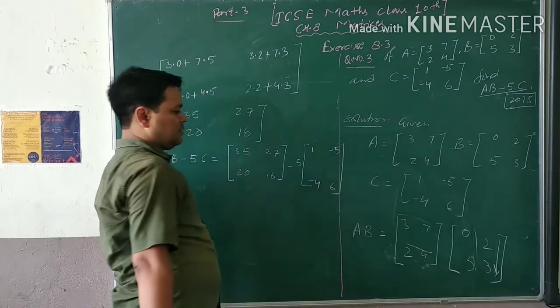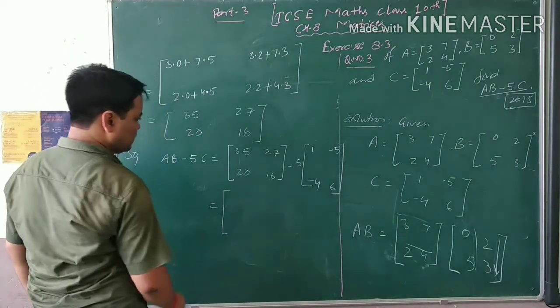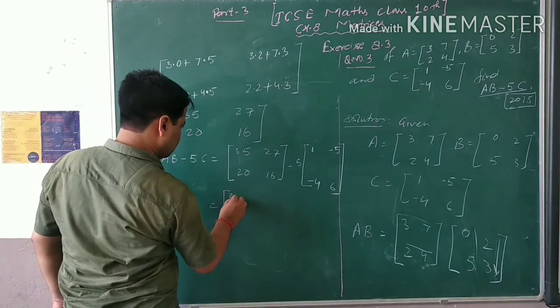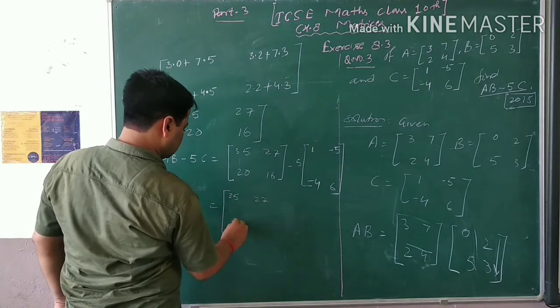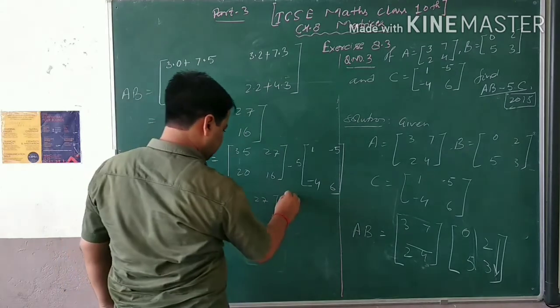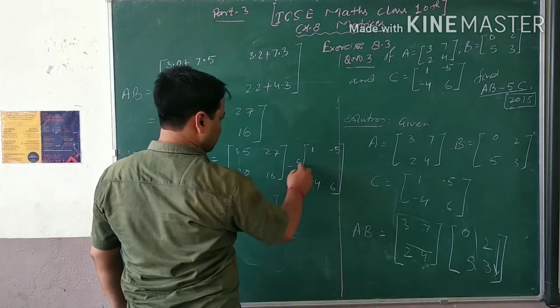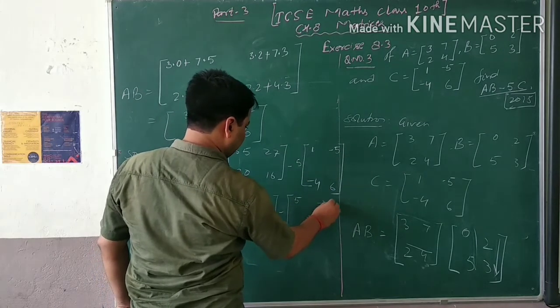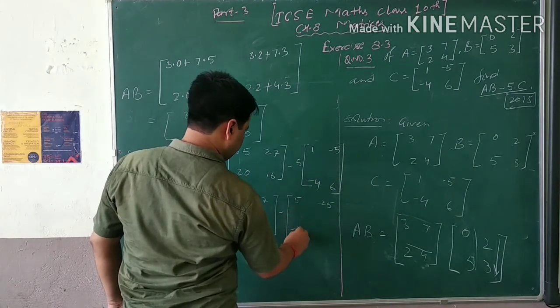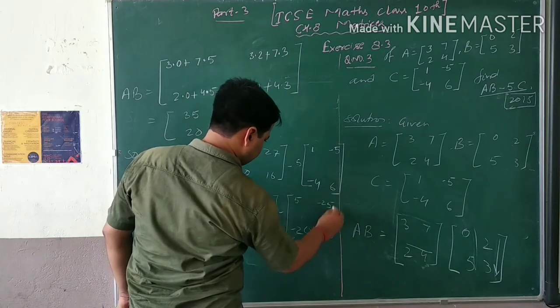Then we write minus 5 multiplied by 1 is 5, 5 multiplied by minus 5 is minus 25, 5 multiplied by minus 4 is minus 20, 5 multiplied by 6 is 30.